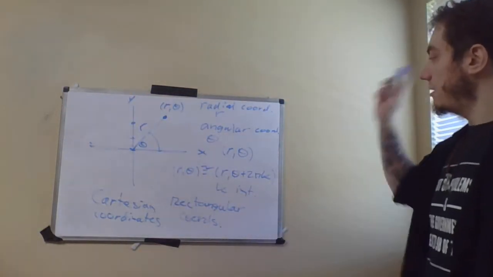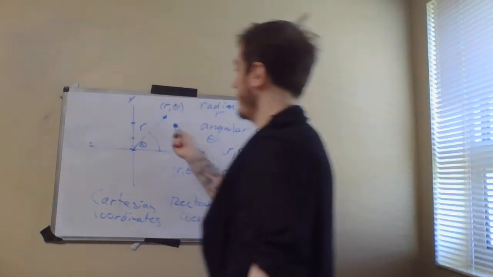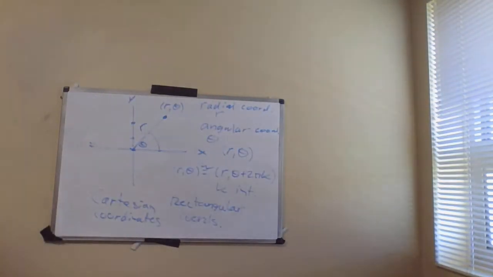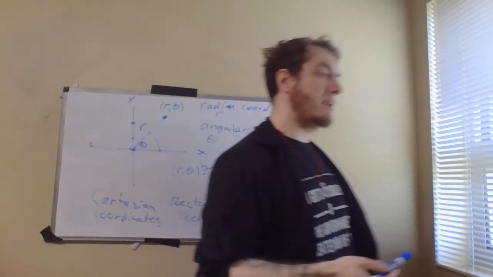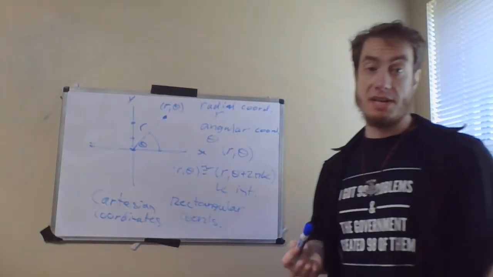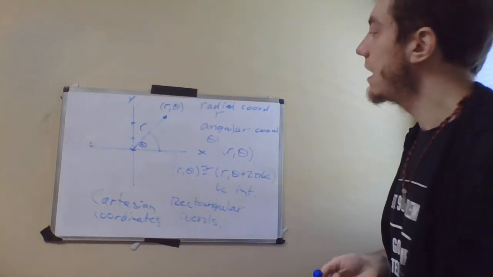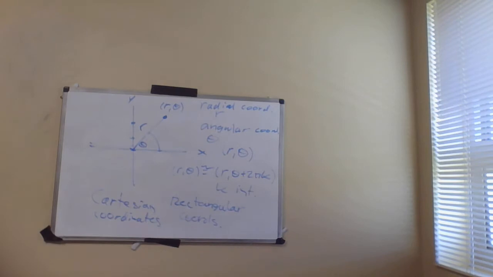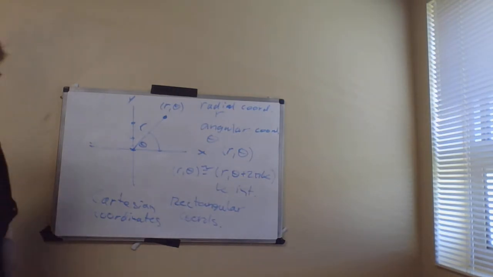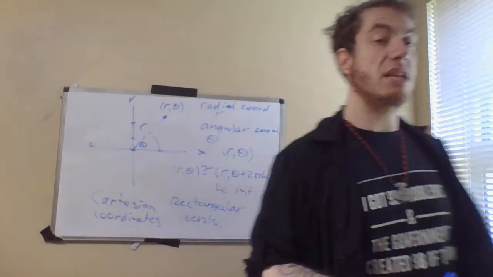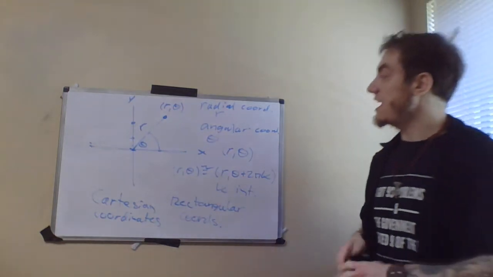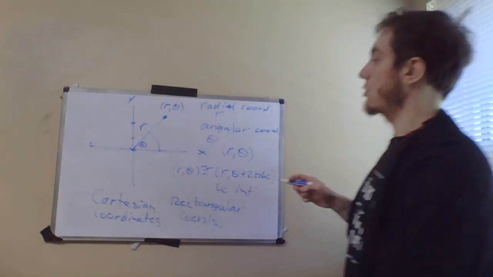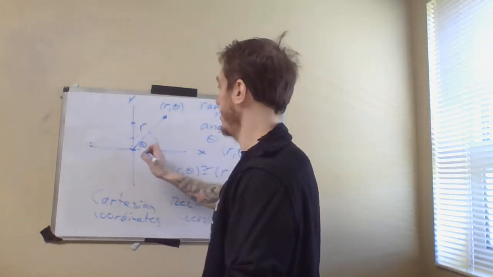Okay, so one of the problems then is that if I want to use these polar coordinates, the angle isn't unique. I could specify another angle and it would get me the same point. But here's the other problem. What if r is negative? Well, in order to define what it means when r is negative, we say that if r is negative, you go in the opposite direction.